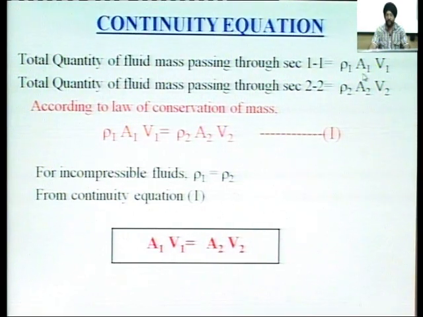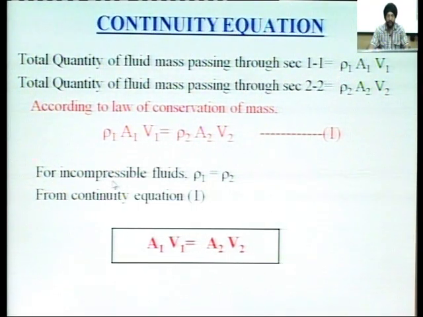And the total quantity of mass passing through section 2-2 is rho 2 A2 into V2. According to the law of conservation of mass, these two should be equal.